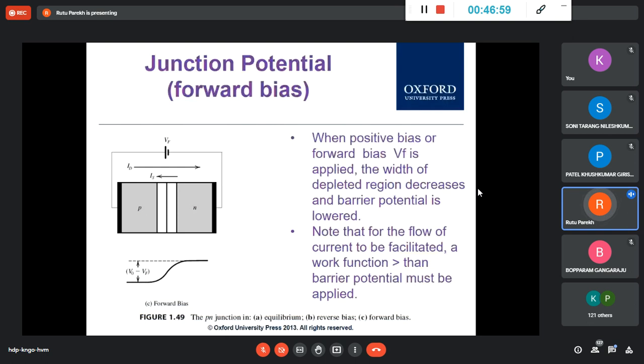So here also it's the energy. The electrons will have some energy, but to cross this barrier the barrier energy should be low so that the electron can cross. If the barrier energy is more, the electron can't cross. But if it is low, then the electron can cross.